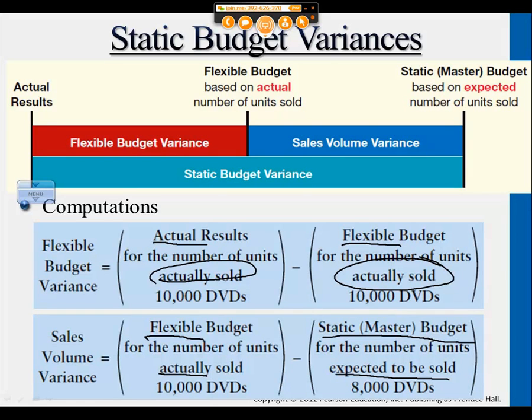My master budget has the numbers that we're projecting, that are expected to be sold. On my flexible budget, I have an opportunity of going and looking at what number within that relevant range I actually sold, and tracking it down to see what my actual result is in the flexible budget for the actual units sold.